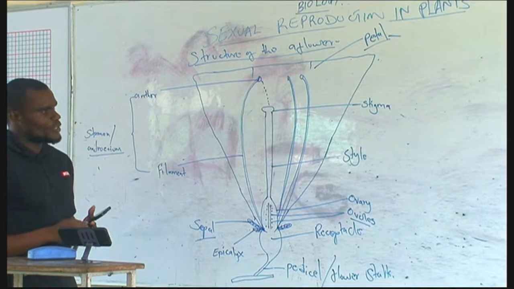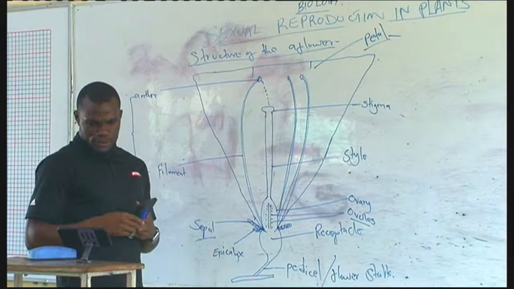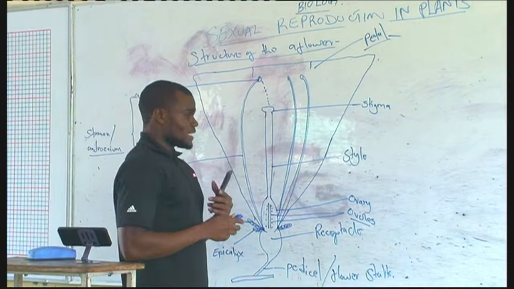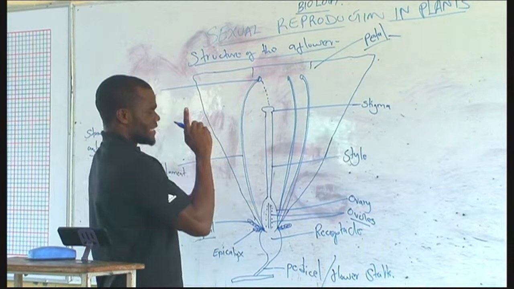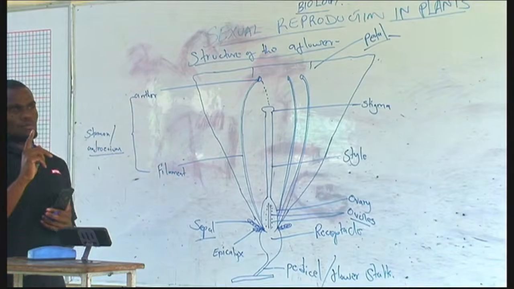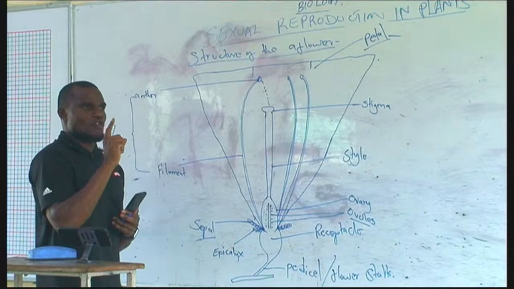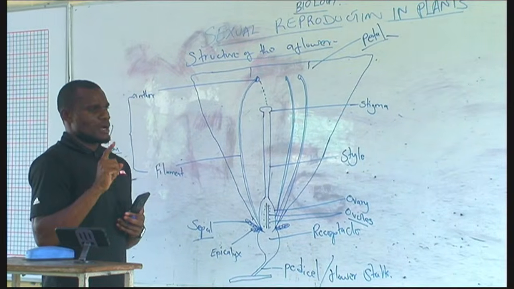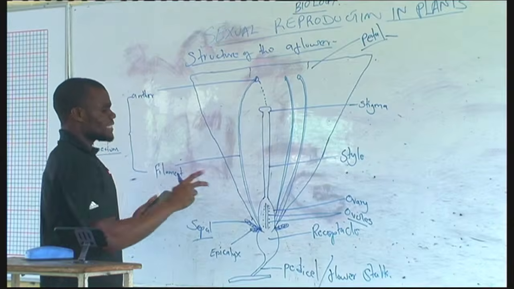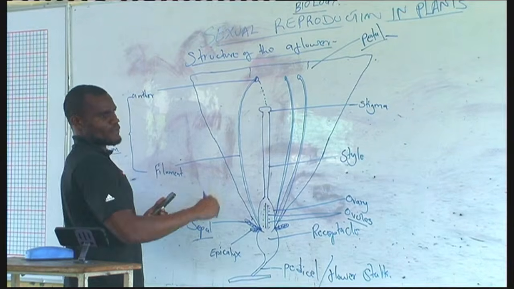But before I move to the description of the flower and its floral parts, you can be asked to draw the female part of a flower. How will you handle that? It is not a must that you draw the whole flower.